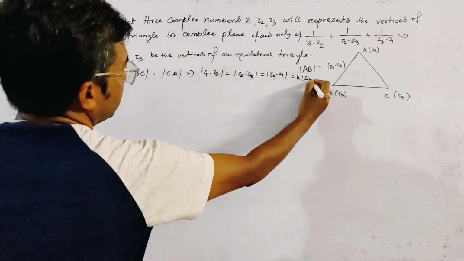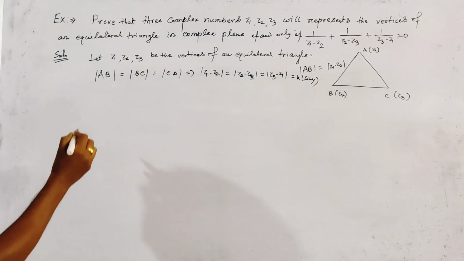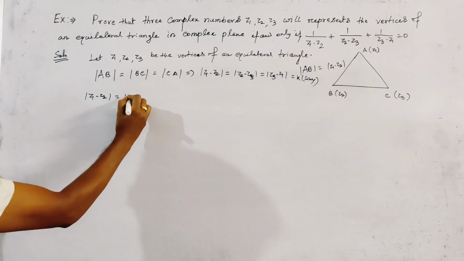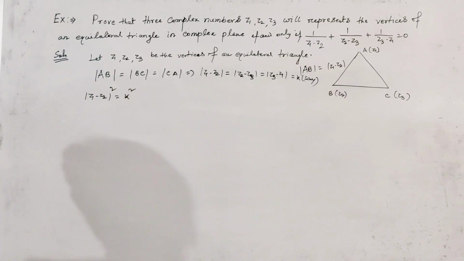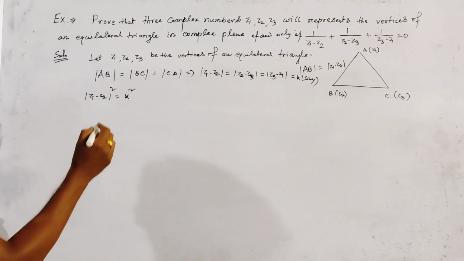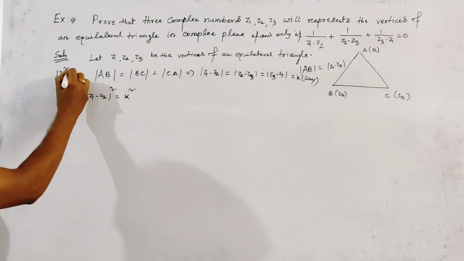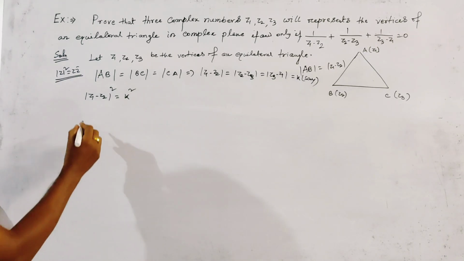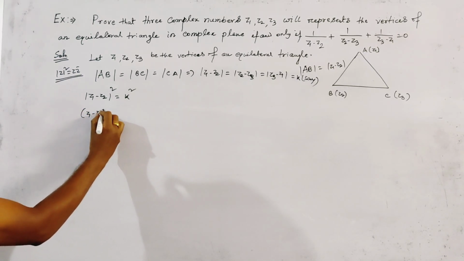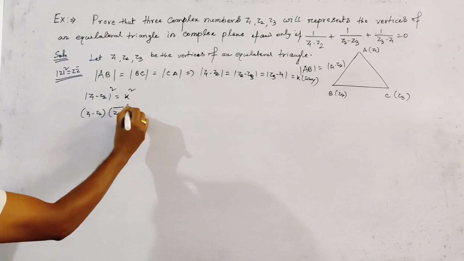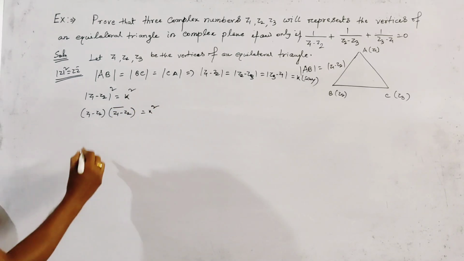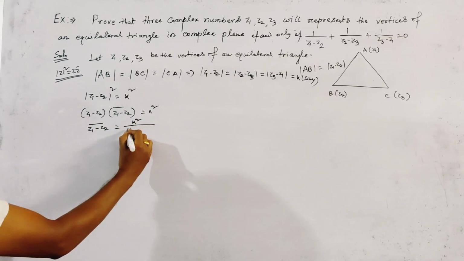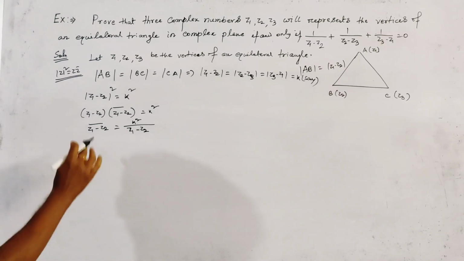Let it be K. Now if we take any one of them, mod of Z1 minus Z2 is equal to K. Taking square on both sides and using the property mod Z square equals Z into Z bar, we get Z1 minus Z2 into Z1 minus Z2 whole bar equal to K square.